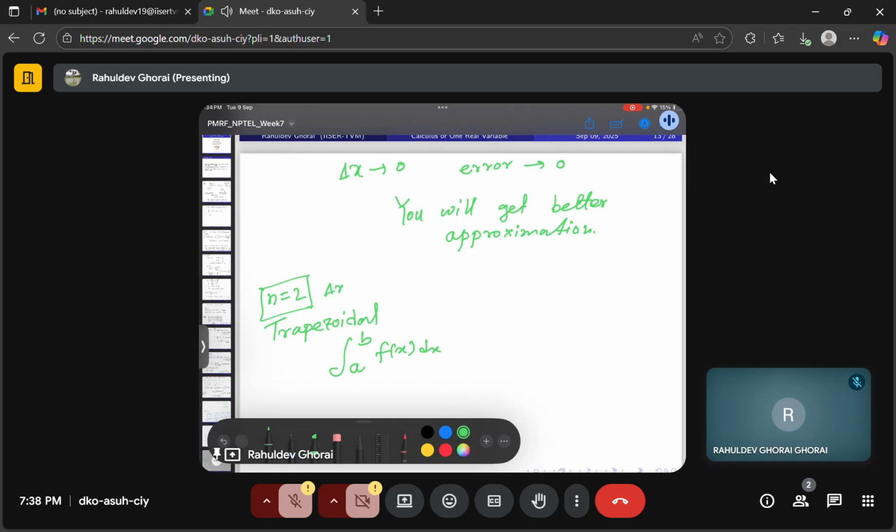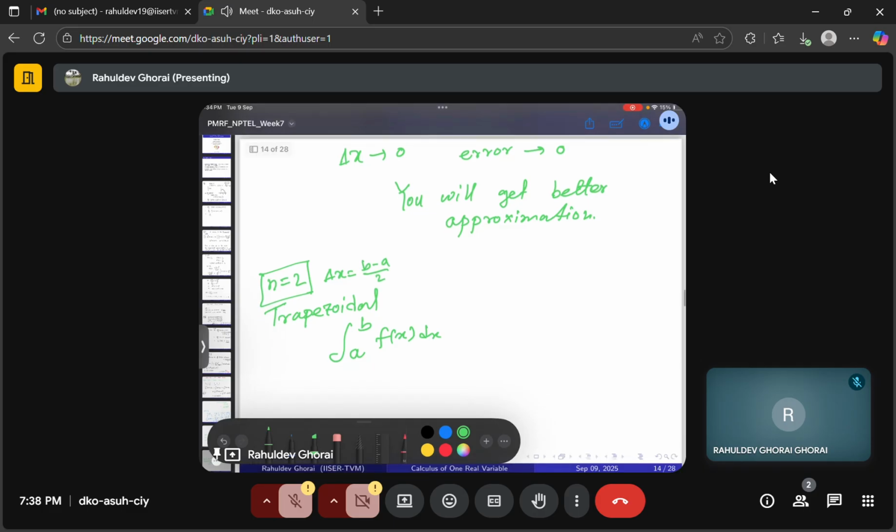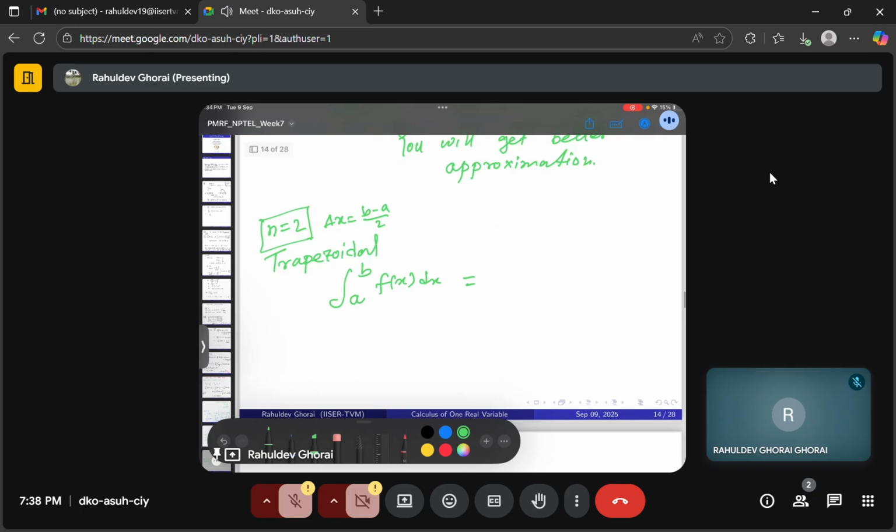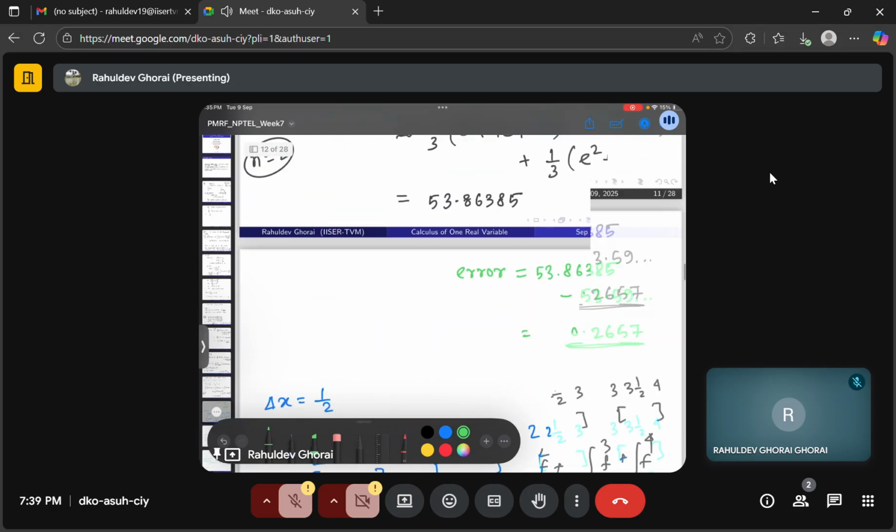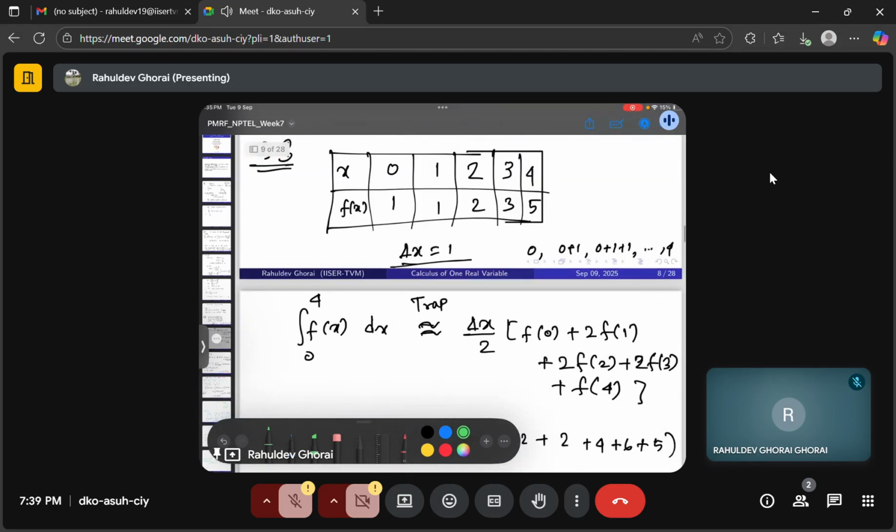Then the integral will be del x over 2 times f(a), plus 2 times f(a plus del x), plus f(b), which is f(a plus 2 del x). And Simpson, right? That's what we have done. This is the trapezoid formula with del x.